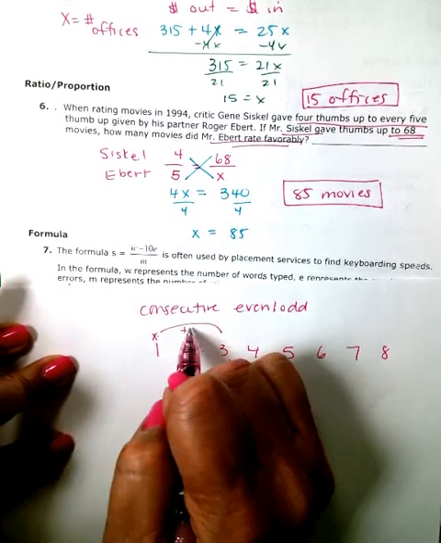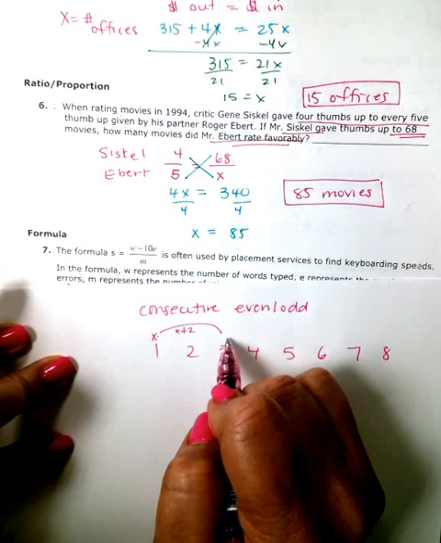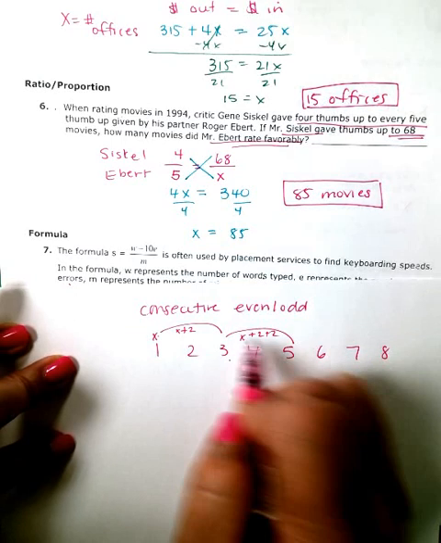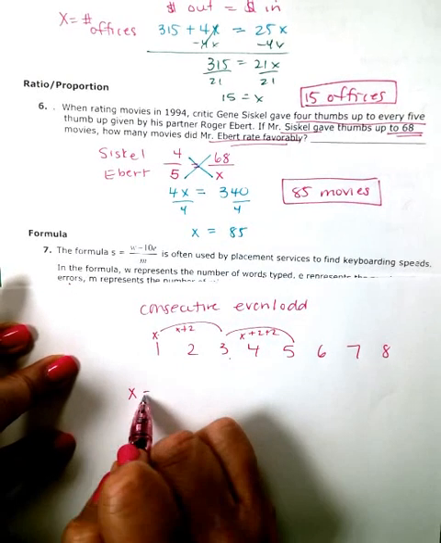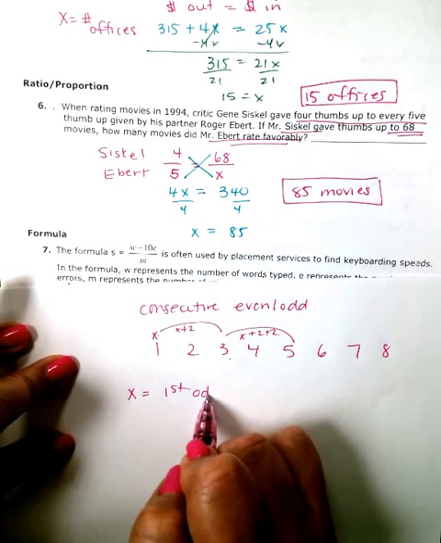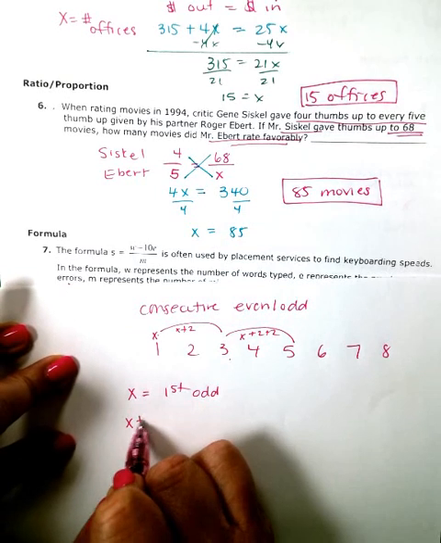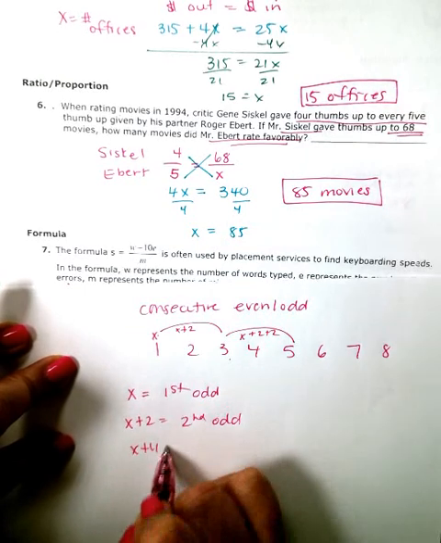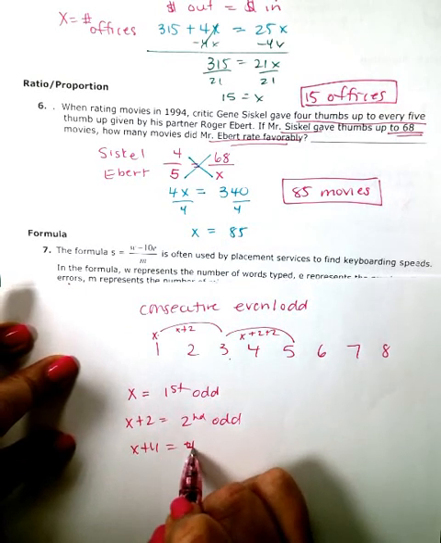I had to add 2. If I wanted the next odd, I have to add 2 more. So when I'm setting these up, x is going to be my first odd, x plus 2 is my second odd, and x plus 4 is my third odd.